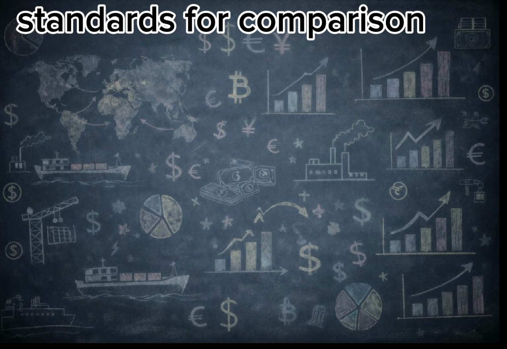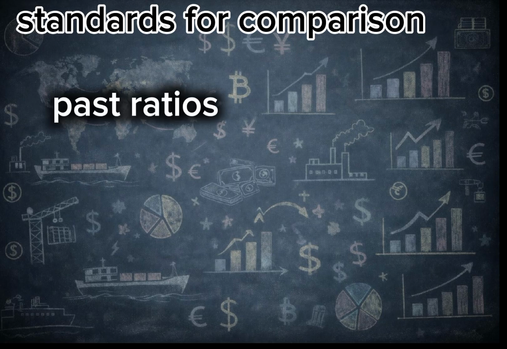Now that we know what ratios are, what do we use these ratios for? Comparison. But against what? We can compare the ratios we get from the financial statement against past ratios, against previous financial statements of the company.